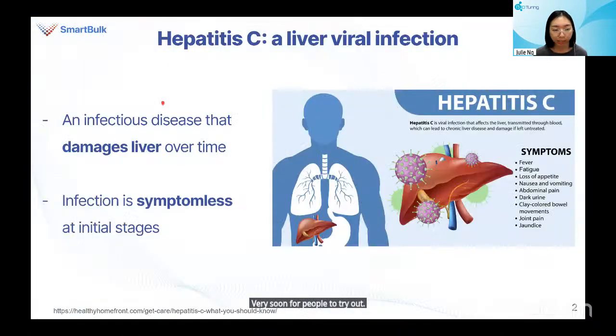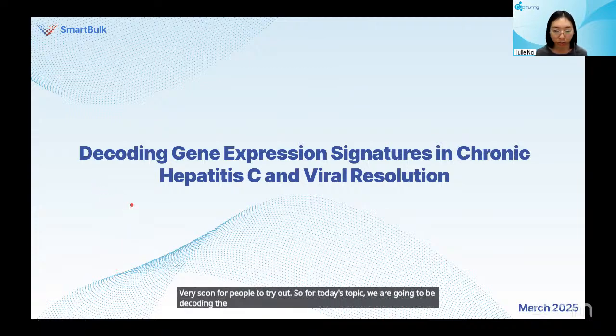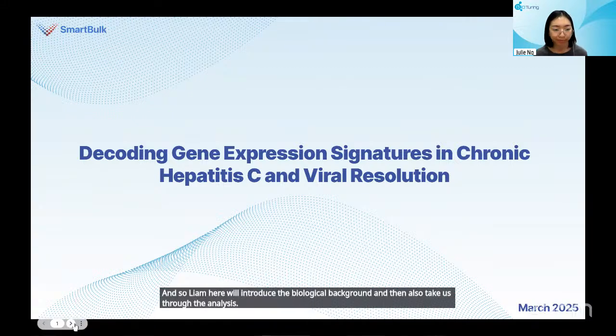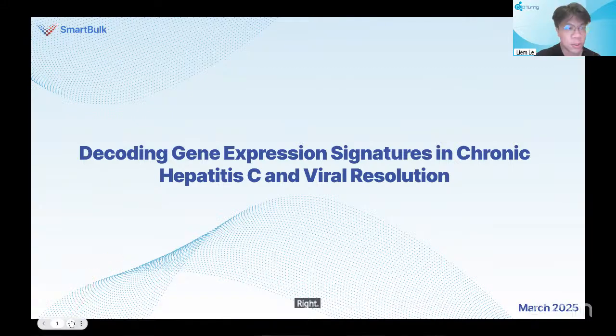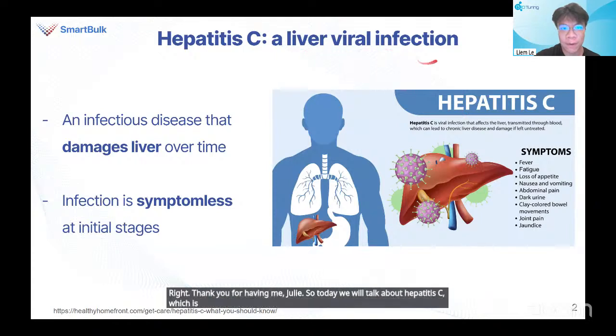So for today's topic, we are going to be decoding the gene expression signatures in chronic hepatitis C and viral resolution. Liam here will introduce the biological background and then also take us through the analysis. Right. Thank you for having me, Julie. So today we will talk about hepatitis C, which is a liver viral infection.